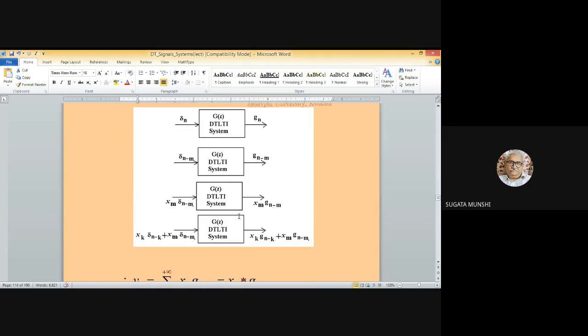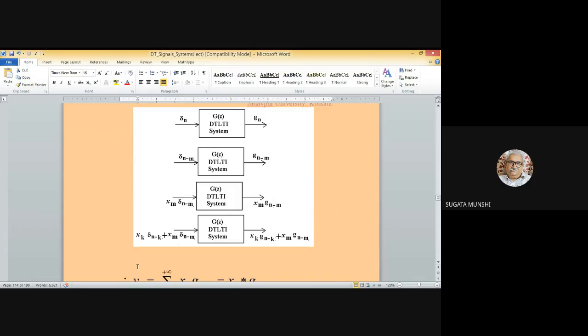If you excite the system by x m delta n minus m for a given input sequence, once you have selected the input sequence, the sample values at different sampling instants get fixed once and for all. So x m delta n minus m means a constant times delta n minus m. Corresponding to that, what will be the output? x m into g n minus m. It follows from the property of proportionality because it's a linear system.